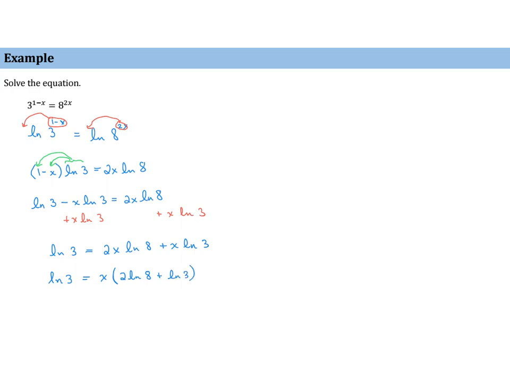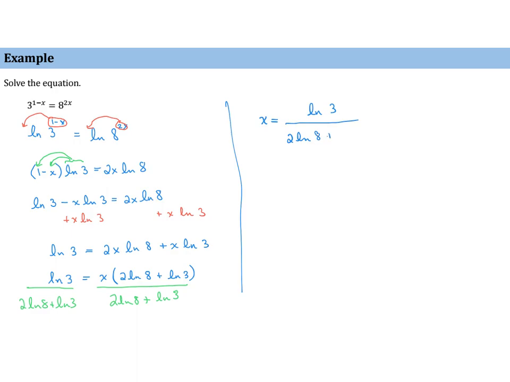And so if we divide both sides by 2 natural log of 8 plus the natural log of 3, we get our answer. So x equals the natural log of 3 over 2 natural log of 8 plus the natural log of 3.